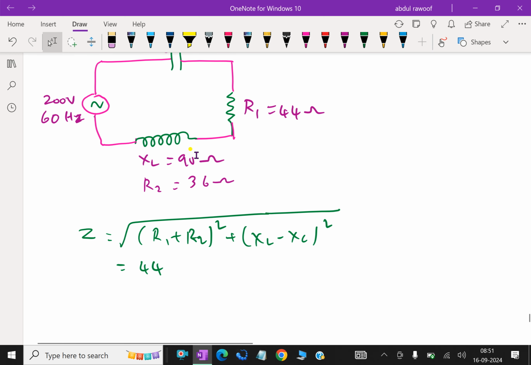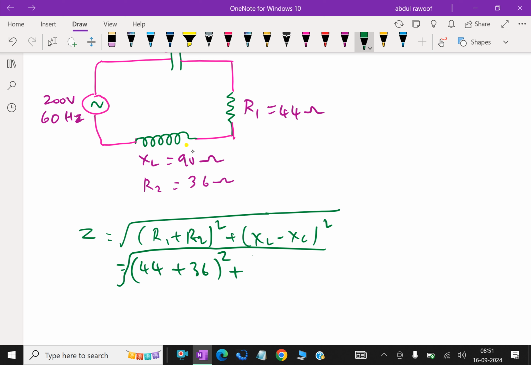R1 is 44, R2 is 36, XL is 90, and XC is 30.